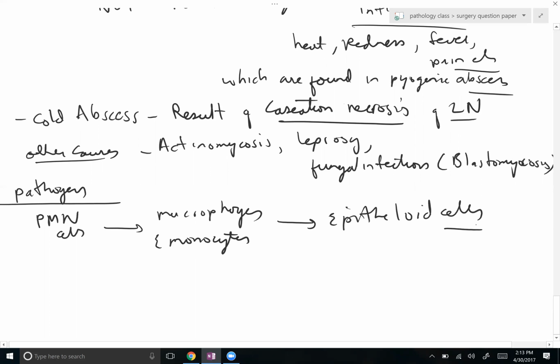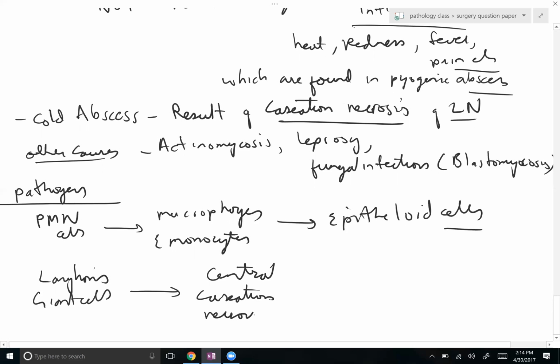These epithelioid cells progress into Langhans giant cells, which leads to central caseation necrosis, and this basically leads to formation of cold abscess.